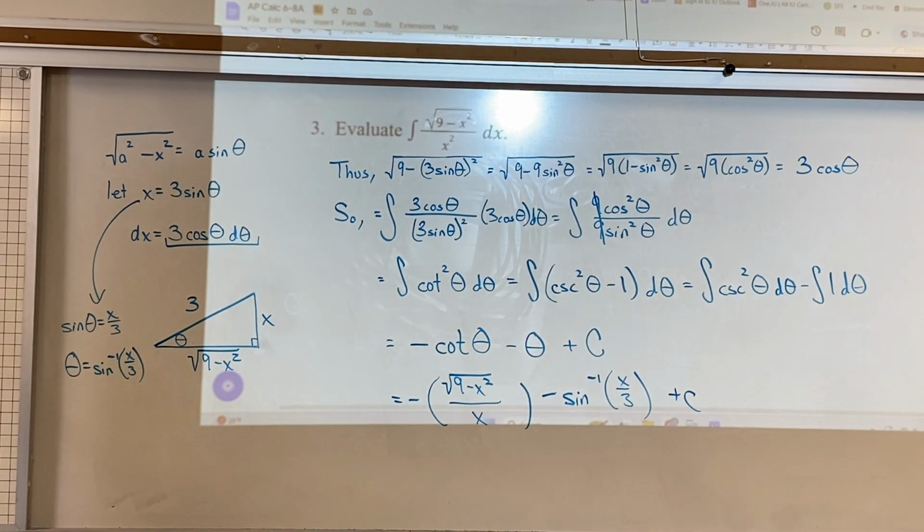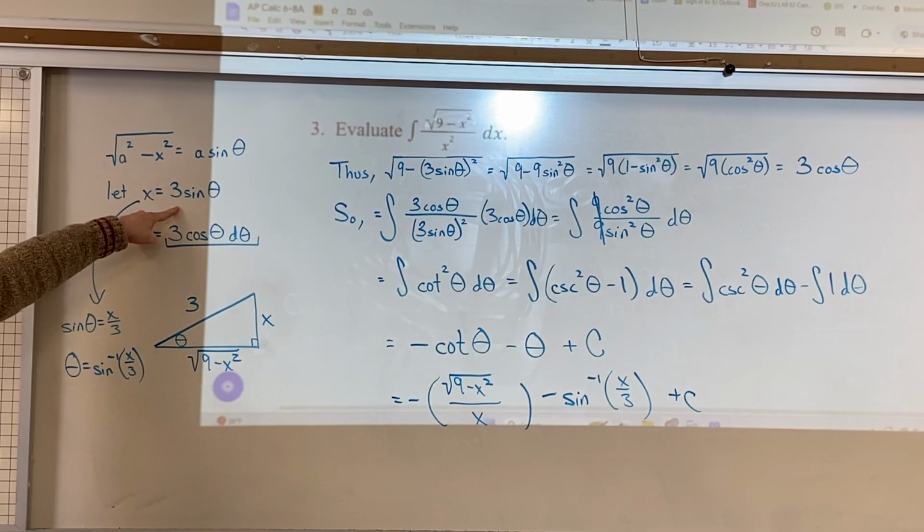There it is in terms of x. Hey, it's trig function, so if I'm trying to get back to x, right triangle. Especially since I let x equal this, it'd be real easy. Well, there's two sides of my right triangle right there.